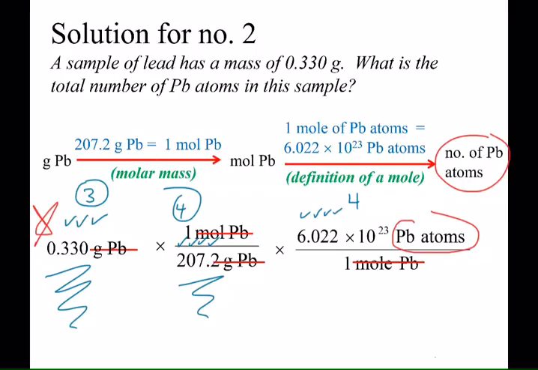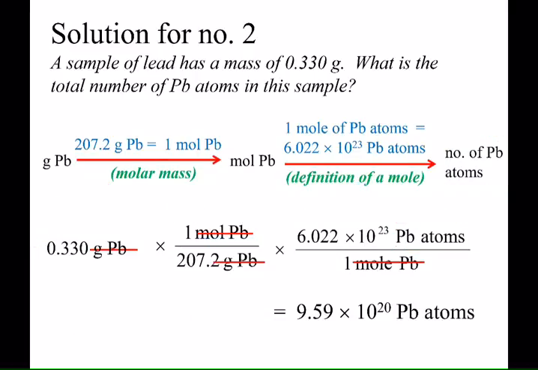So how do we need to round this? I got 3 sig figs to round this. So it's going to be a big number, right? Because we're counting atoms. So we show 3 sig figs in the coefficient. I got 9.59 times 10 to the 20th lead atoms.